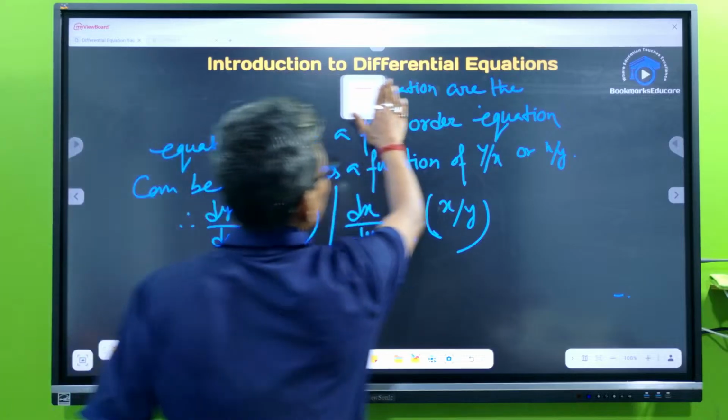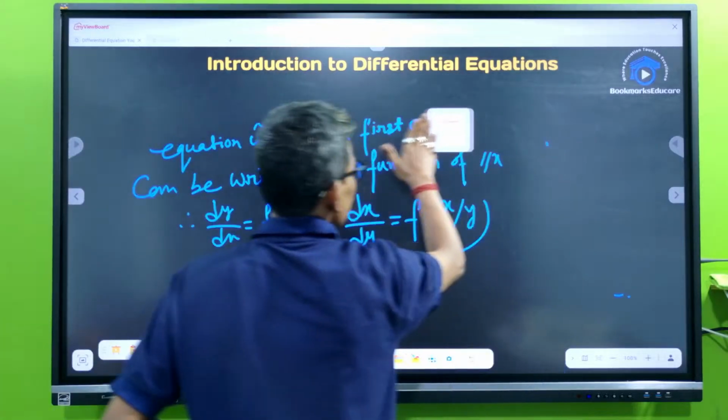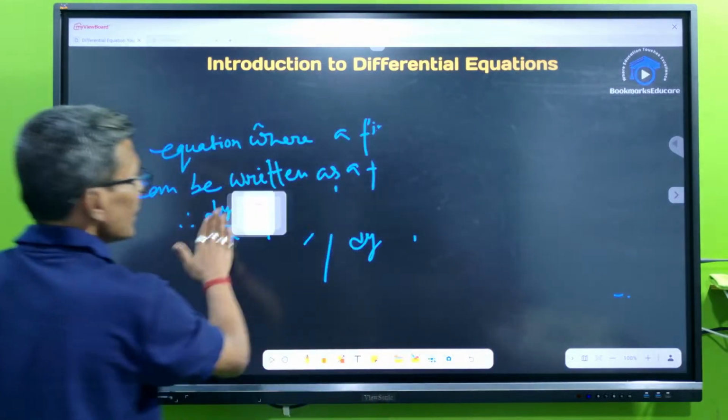Now what is the non-homogeneous differential equation?